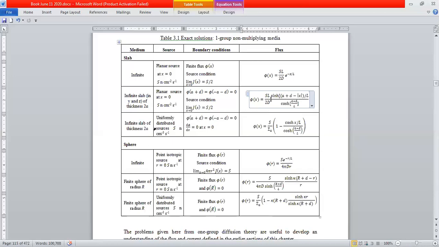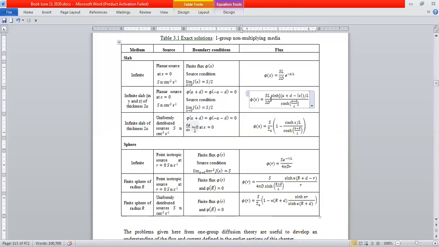Now let's look at not a source located at one position, but a uniformly distributed source, which is constantly emitting S neutrons per cubic centimeter per second. Again, it's an infinite slab of thickness 2A. So again, the boundary conditions are over here, but now I'm using symmetry.